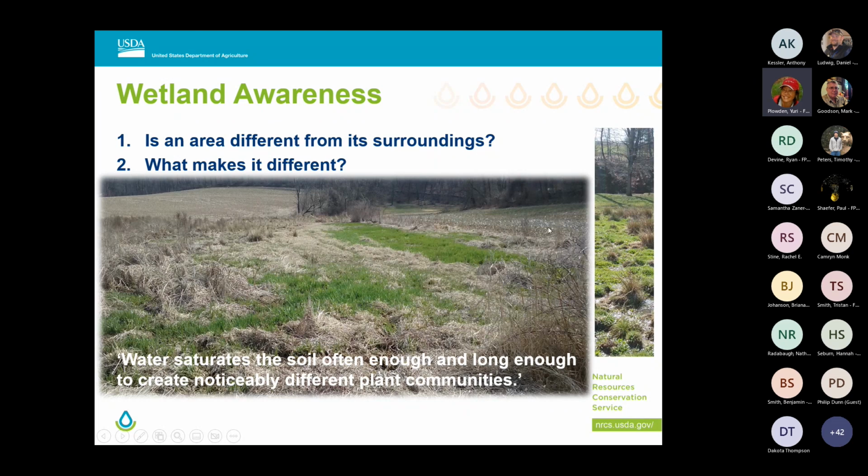You have your crop over here, you have some other brush over here, and the landscape is very flat. In my first presentation, I talked about convergent landscapes where water is going to collect. All these things are good clues that probably something's going on in there. This could be a wetland. Wet soils, reed canary grass, no woody plants. The farmer is avoiding it.